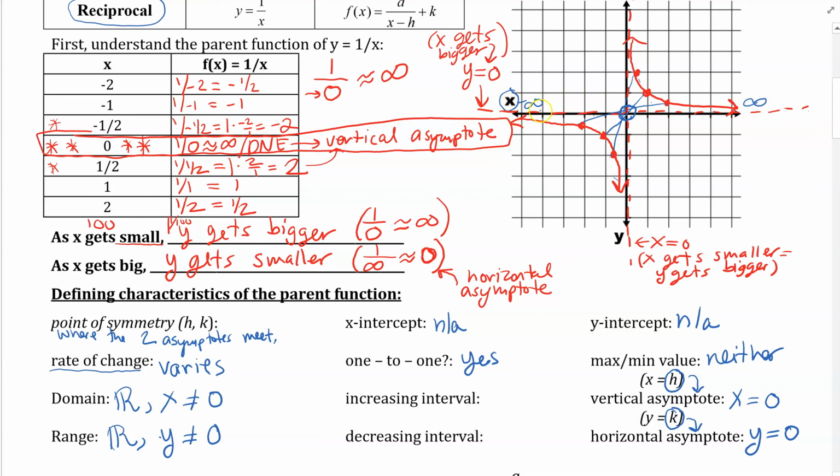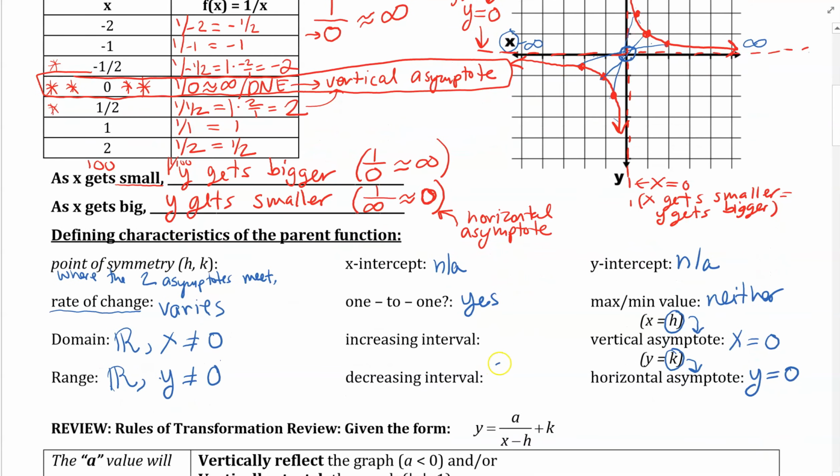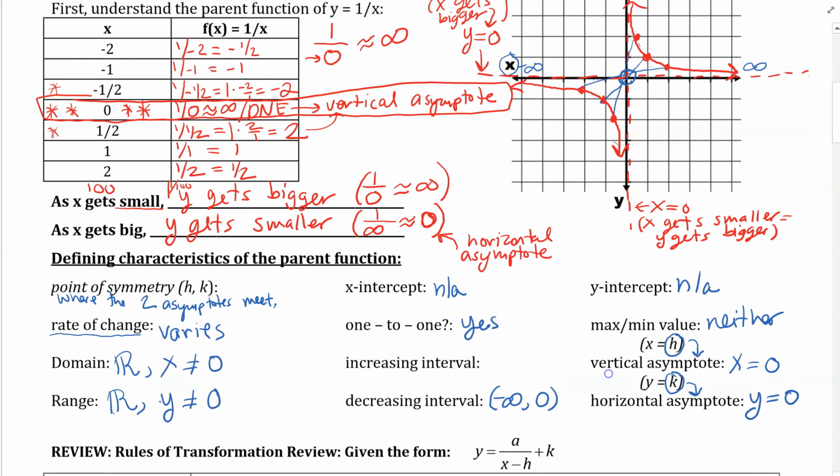And I notice that if I start at -infinity and move toward the right, these y values are decreasing. In fact, they're going to go all the way down to -infinity. But that's as x is wanting to go to 0. So my first interval for decreasing is from -infinity to 0 on the x-axis. And that is referring to this part of the graph is decreasing.